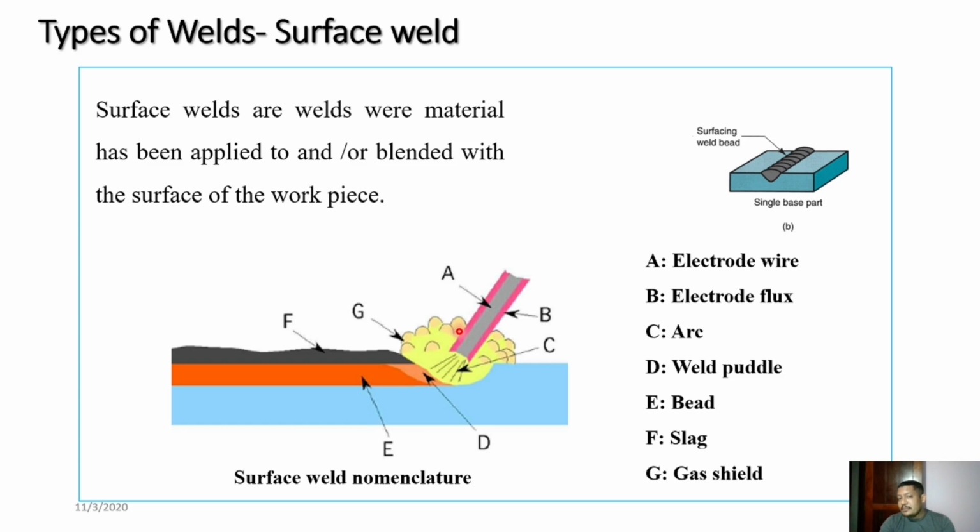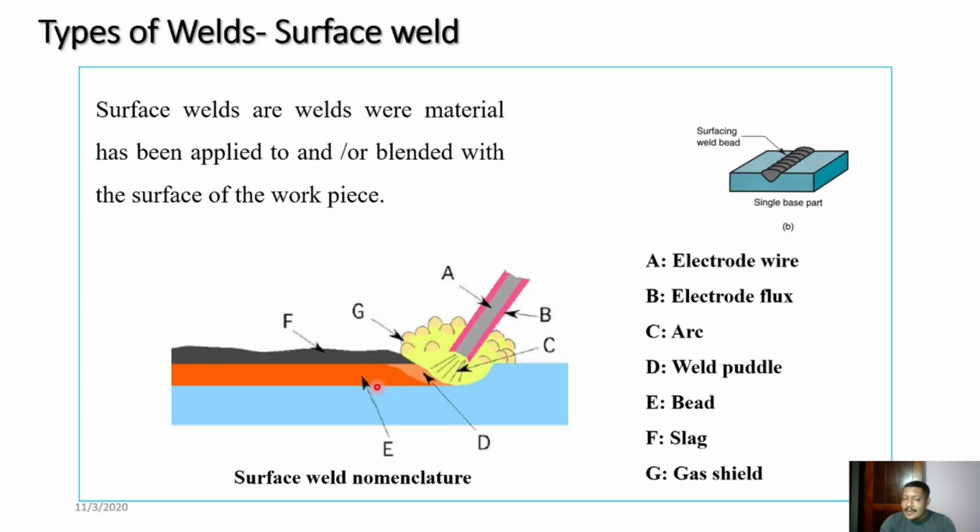The main purpose of the flux is to ensure that no atmospheric contaminants get added into part number D, known as the molten weld puddle. So the flux protects your arc from contaminants getting added into it.